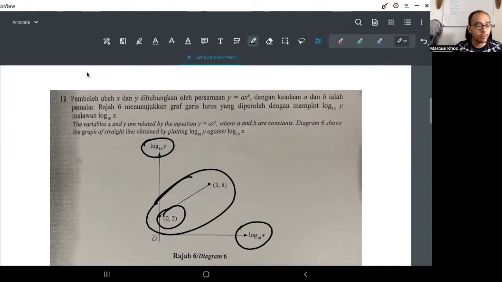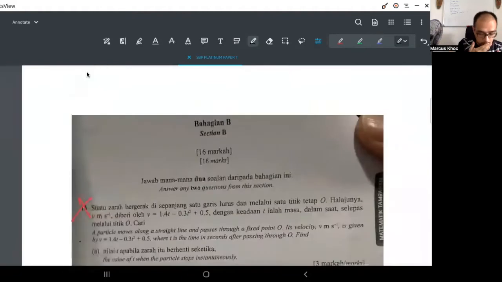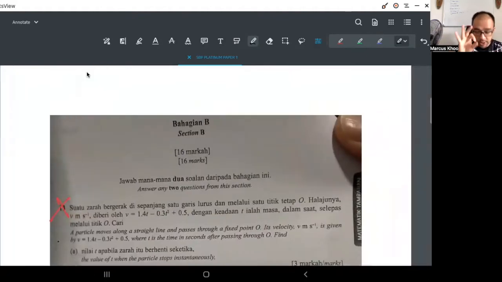But isn't platinum supposed to be harder than gold? Or maybe it is that you are very experienced, jadi kamu sangat berpengalaman sudah kan, sampai platinum, there's no platinum lah, senang saja ini. Maybe lah, maybe.